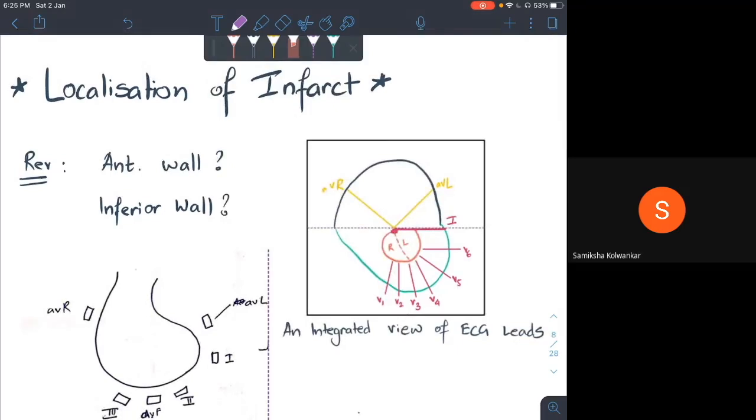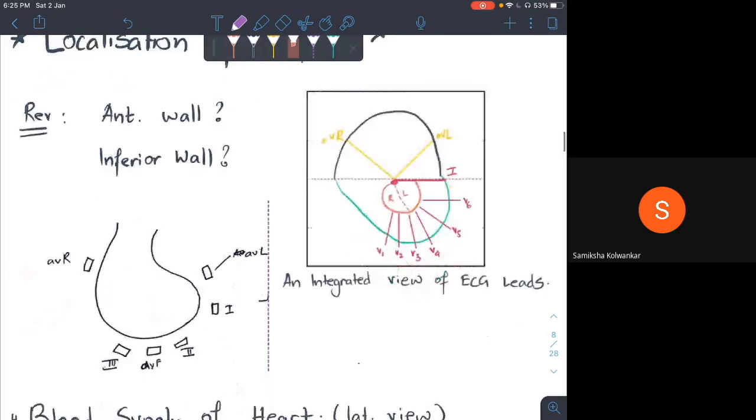Okay, so quick revision again. Anterior wall. What did we say anterior wall was? Anterior wall is AVR, AVL, and 1. Inferior wall is 2, 3, AVF.